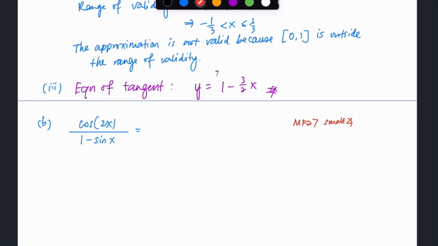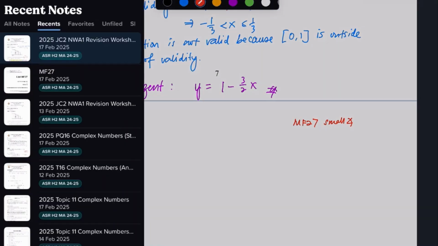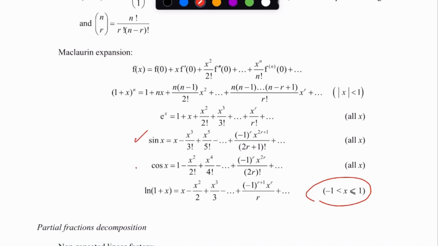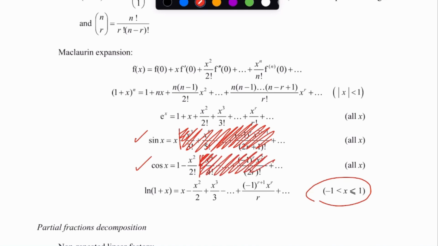Now we are going to approximate using the cosine and sine functions. For small angle approximation, for sine, we stop at x. For cosine, we stop at x squared. So we're only making use of the first few terms.